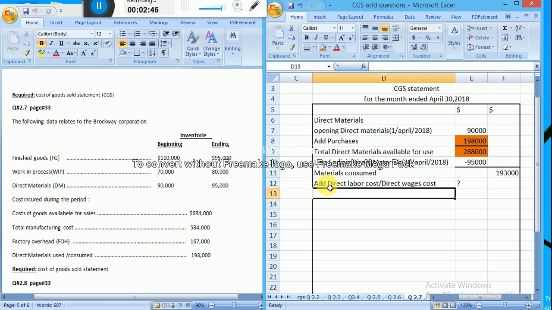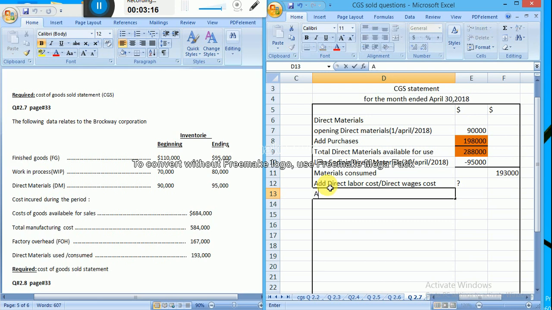With the direct labor, some factory overhead, indirect cost also takes place in the factory. Factory overhead means all those indirect costs which take place in the factory. That is called factory overhead cost.